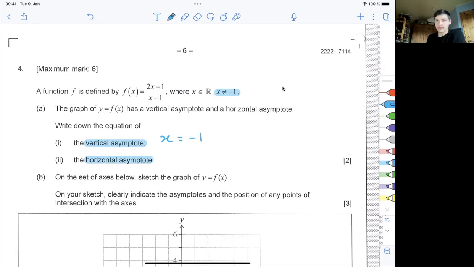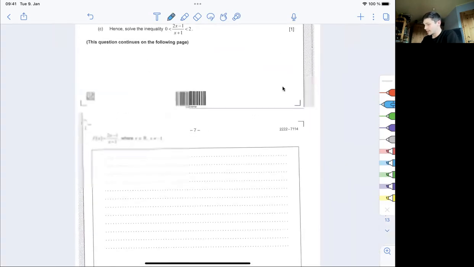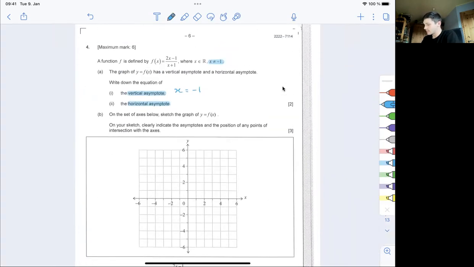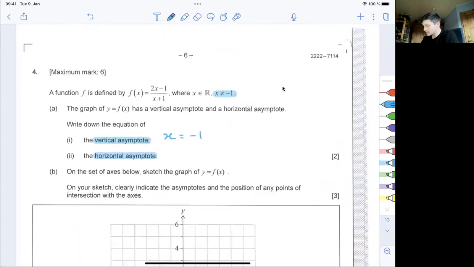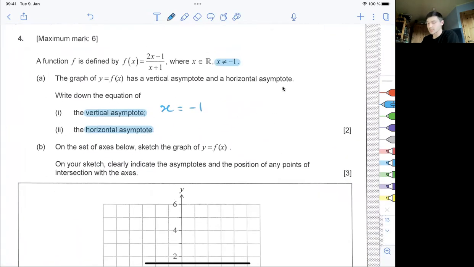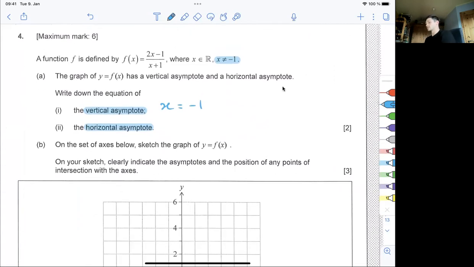We will copy this down and we'll do all the working. It's on the next page here, so we'll do it down there. Now, the horizontal asymptote for these functions, which are called rational functions, and I'll give you their form as well. So the form of rational functions is (ax plus b) over (cx plus d).